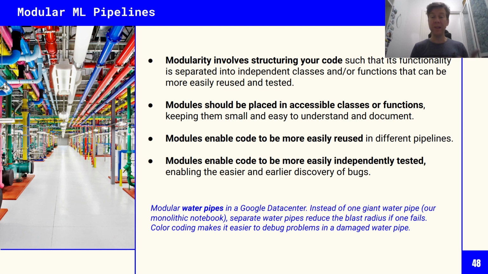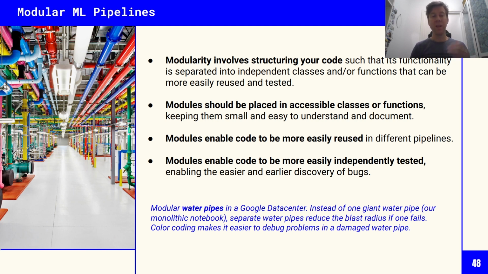And this enables the code to be easily and independently tested, makes discovery of bugs easier, and also reduces the blast radius of your system. Now, in the example here on the left, we can see some water pipes in a Google data center. They don't have one giant end-to-end monolithic water pipe feeding all of the different systems. You can see they're color-coded.